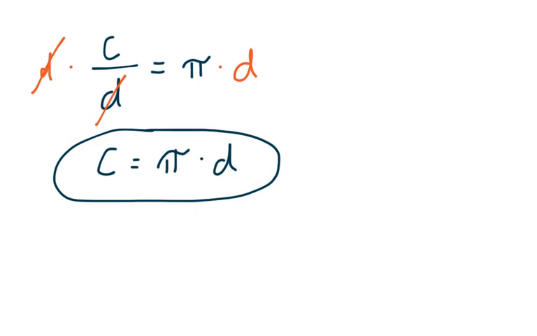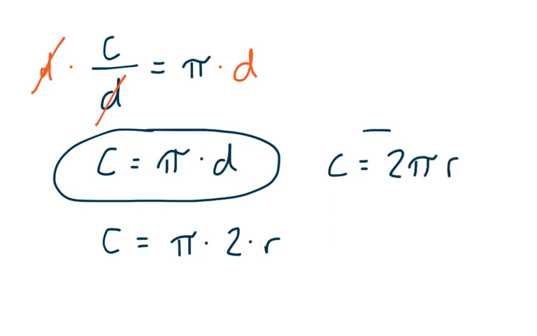Also, if we know the circumference, we could find the diameter. Also, since we know that the diameter is the same as 2 times the radius, we could say that the circumference is pi times 2 times the radius. Or more commonly, what you'll see for that one is the circumference is 2 times pi times r.